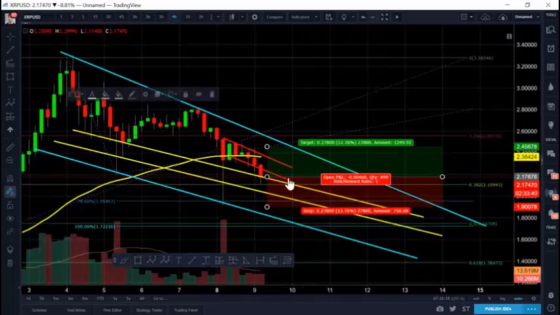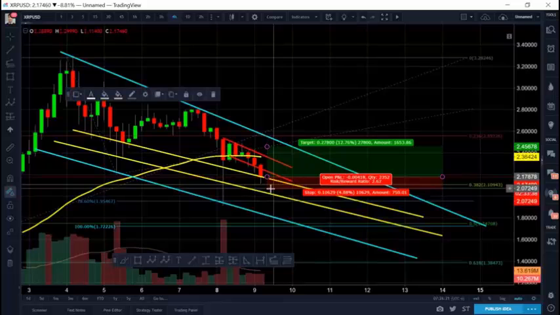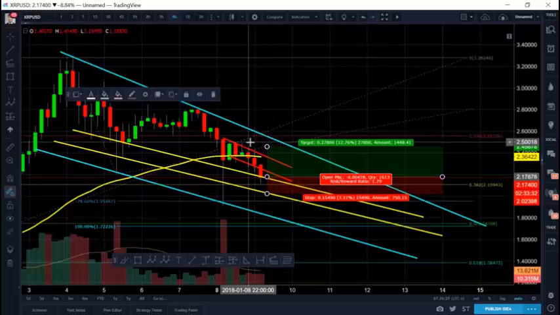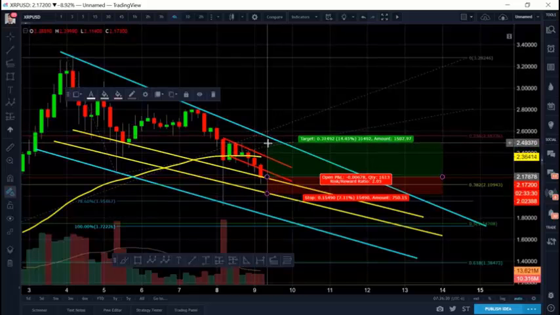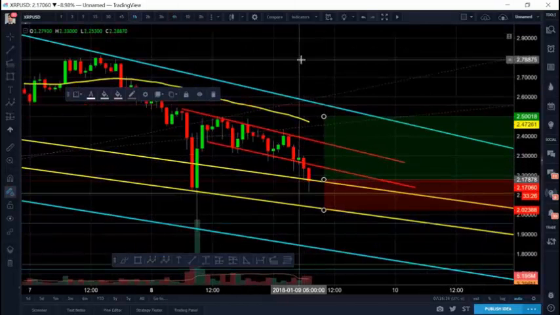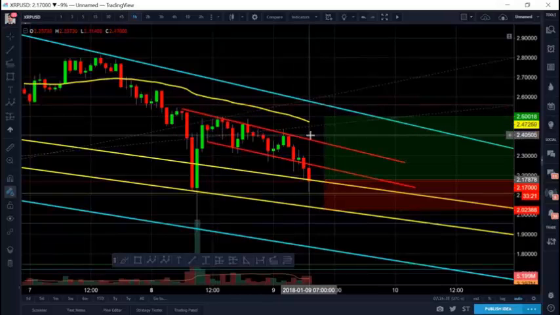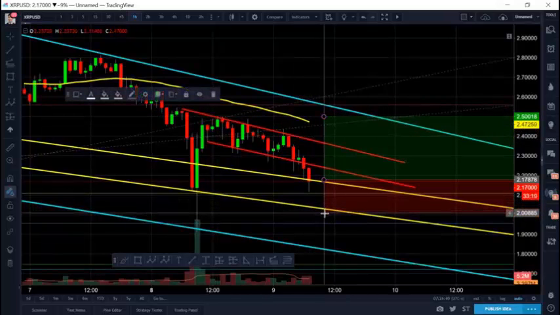So the first play, I'm too lazy to write down all the stuff, is I'll target about $1.50 because that's where these relevant resistances and supports are. See all these ones, and 250 is a very good psychological round number.